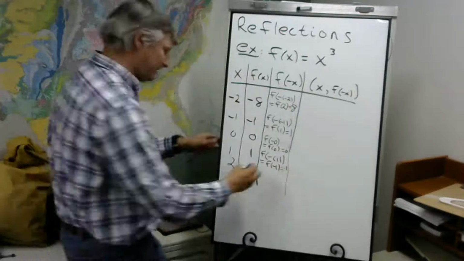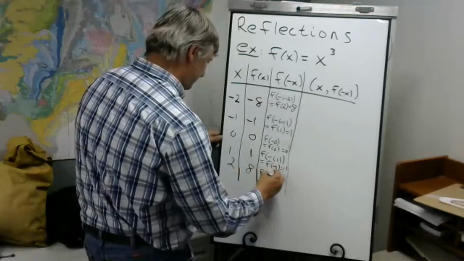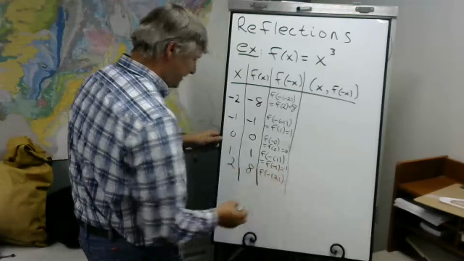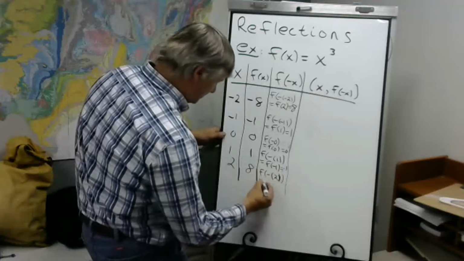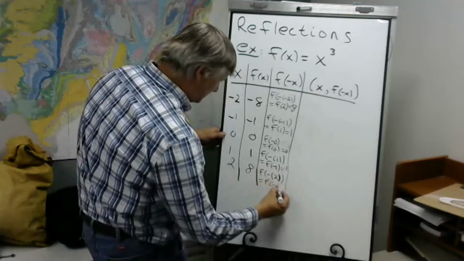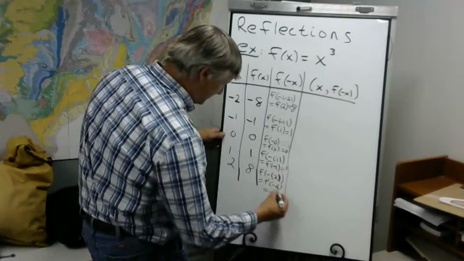And then f of minus x is 2. F of negative 2 or negative 8.